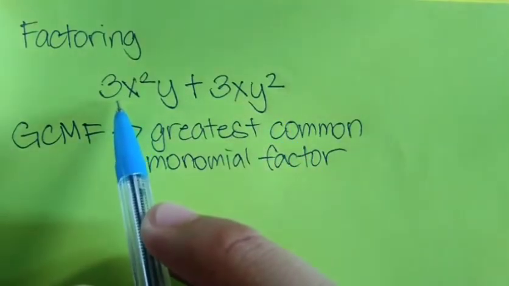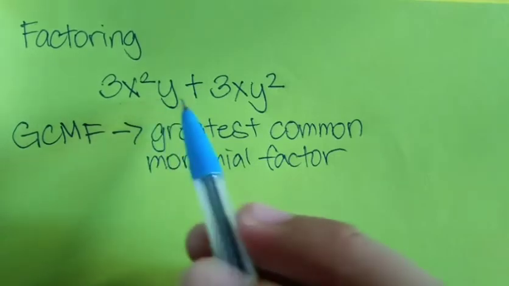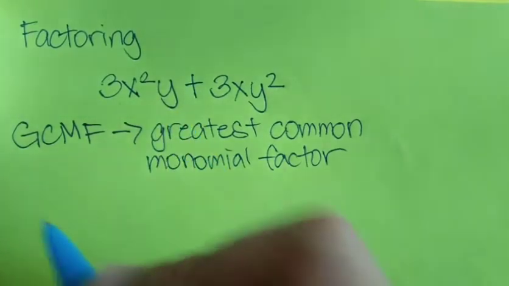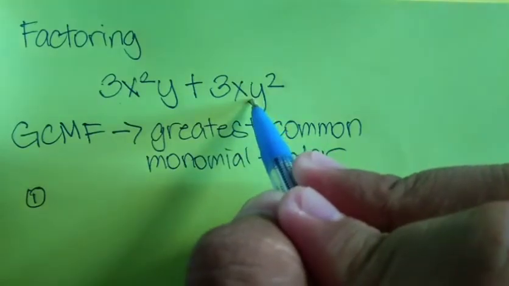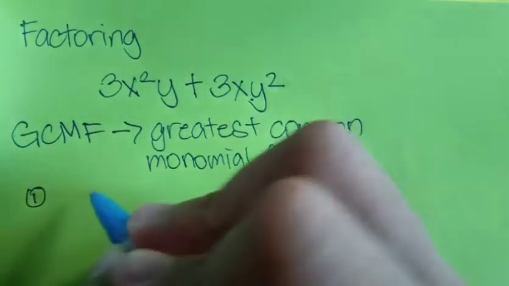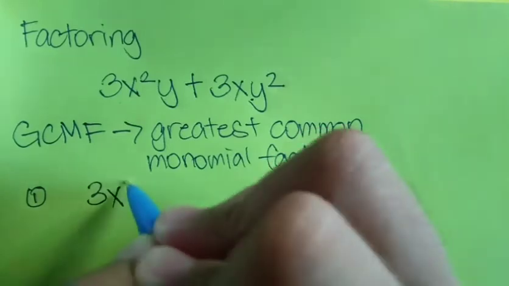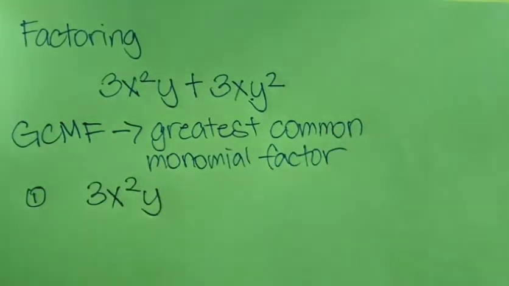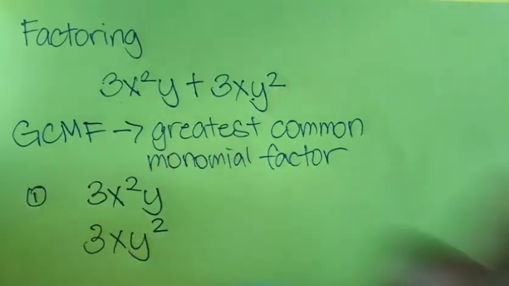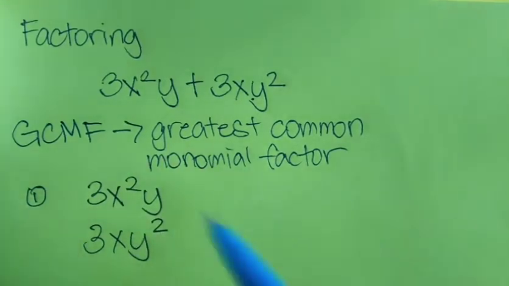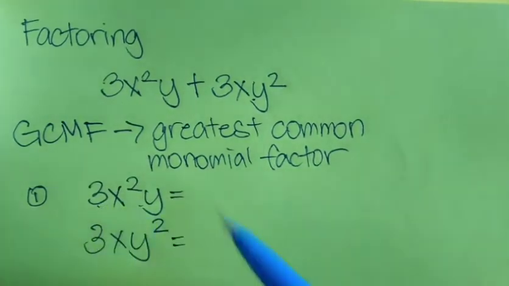First, we determine the factors of the two expressions or the two terms. So we have 3x squared y and 3xy squared. So the first step is to determine the factors of each term.